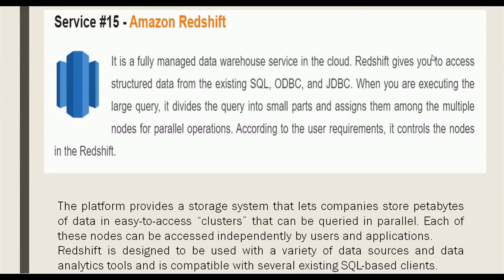So what it does is divide your query into small parts and assign them among the multiple nodes for parallel processing of that data. The platform provides a storage system that lets companies store petabytes of data in easy to access clusters that can be queried in parallel. So this is also a very important service.